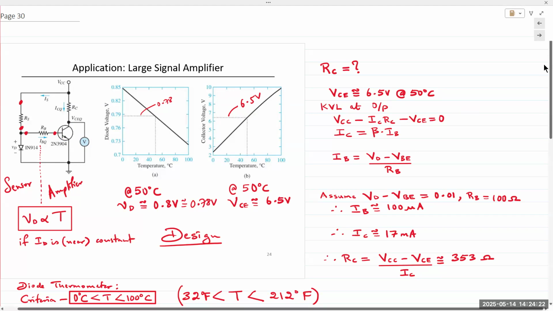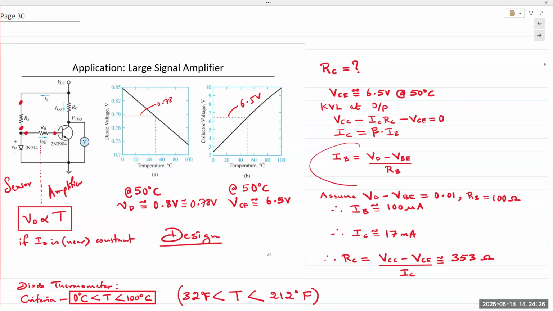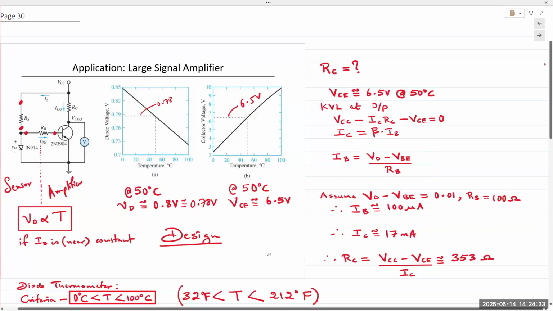We know IC is beta times IB. You write the equation for IB. If you assume VD minus VBE is 0.01, we can calculate IB as 100 microamps.